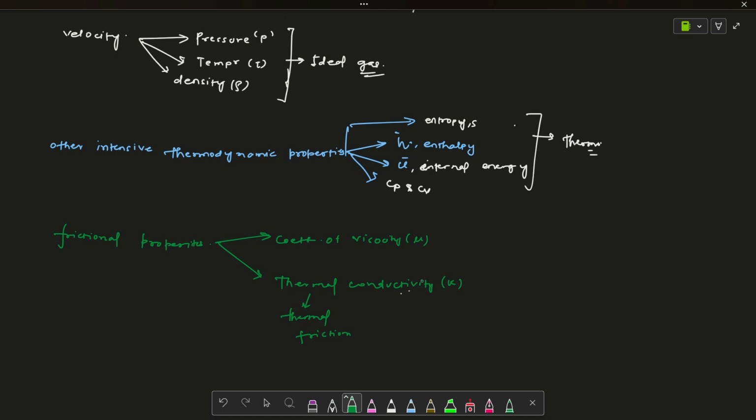One more point: all of these are 9 properties, like 3, 4, 3, 7, 7 to 9.